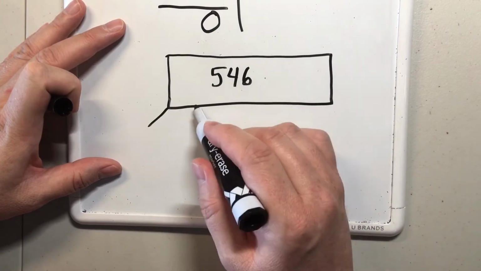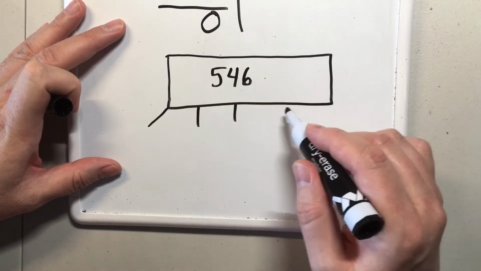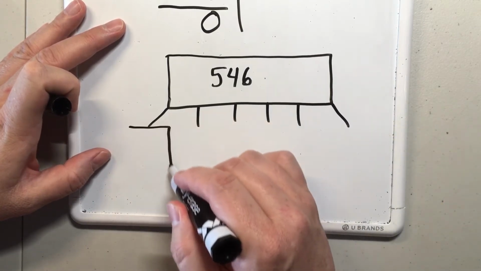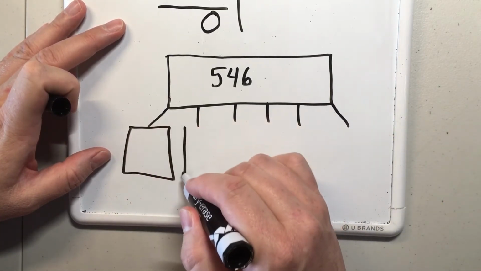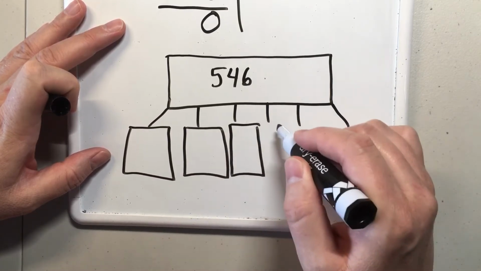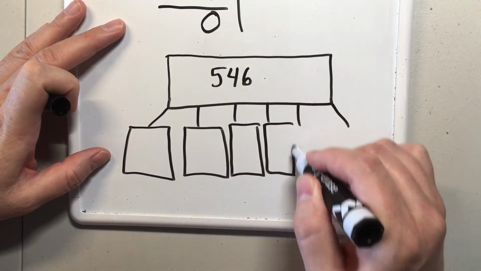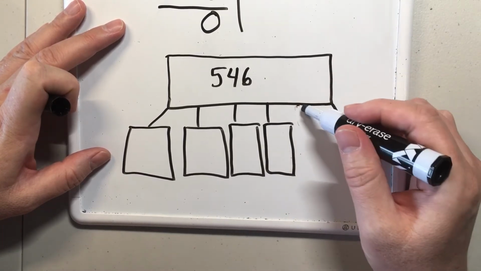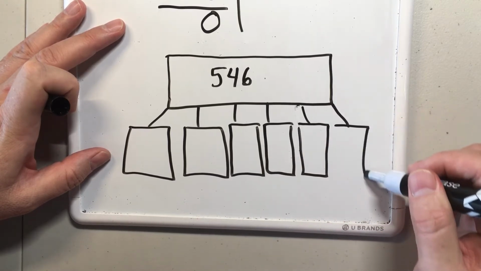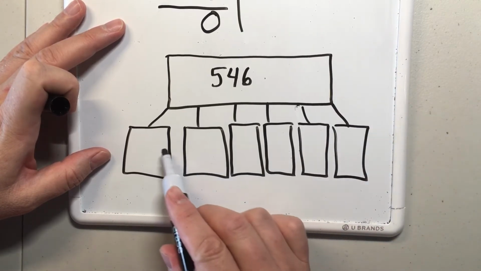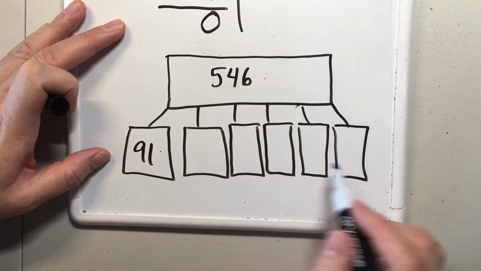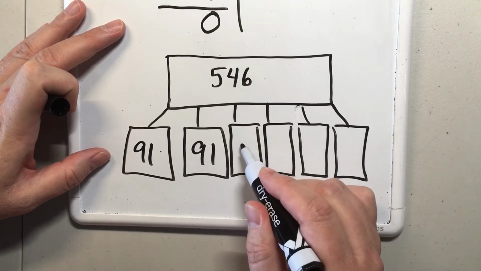And then you would share them equally into 6 equal parts. This is the concept behind division, or at least this is one concept of division. Equal sharing. So if I were to share them equally, I would have 91 in 6 equal groups. You understand?